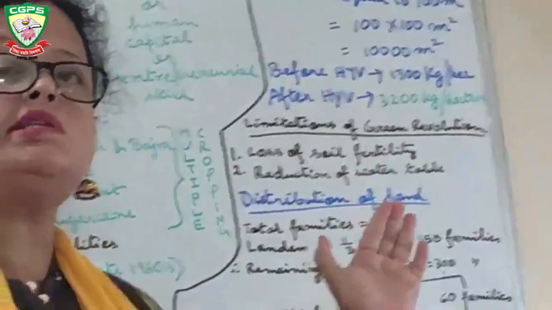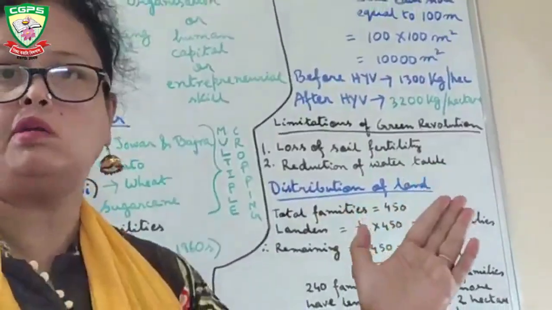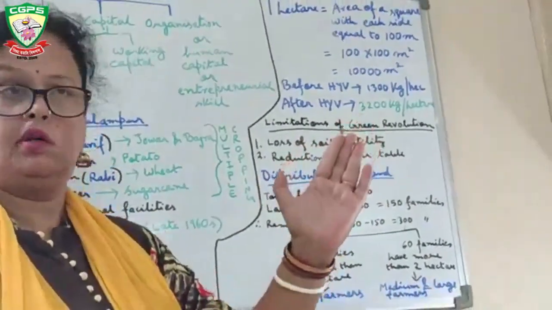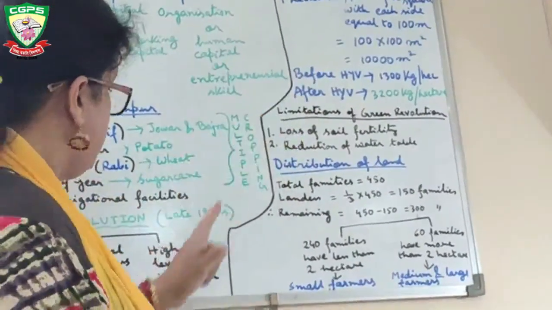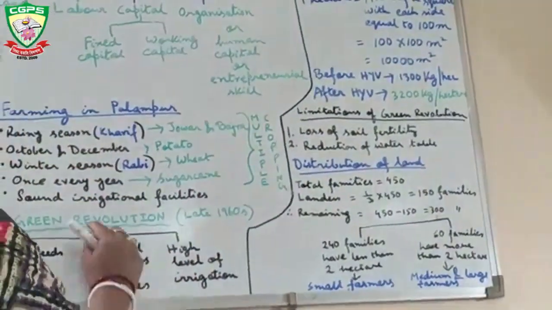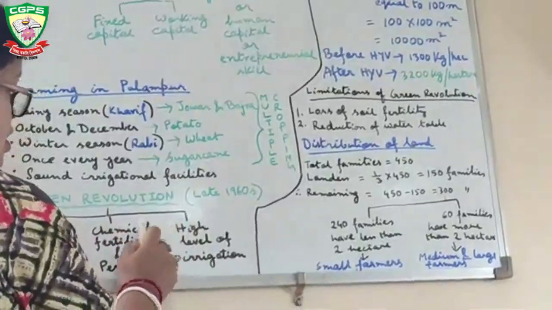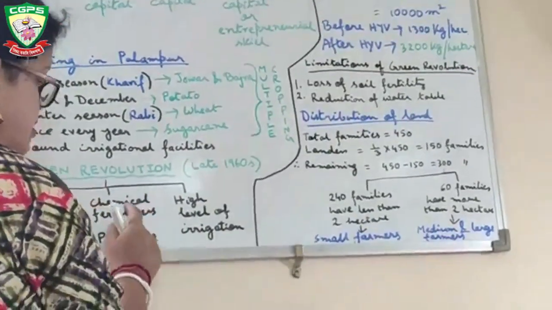Green revolution, obviously we got the benefit of increased production. But the main thing here, you can see, green revolution includes chemical fertilizers and pesticides.